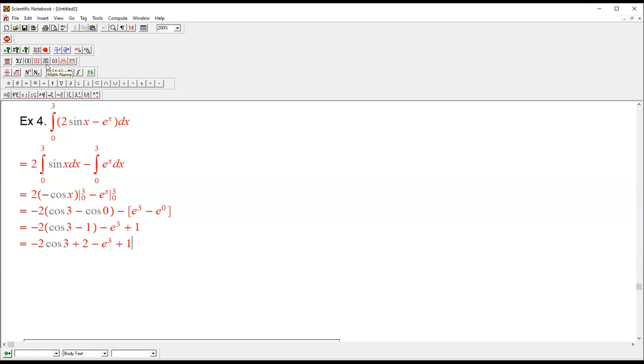We don't want to see decimal numbers. You're not allowed to use calculators. So don't worry about getting one single number. The only thing you can simplify here is it's going to be plus 3. Okay, this answer is perfect.